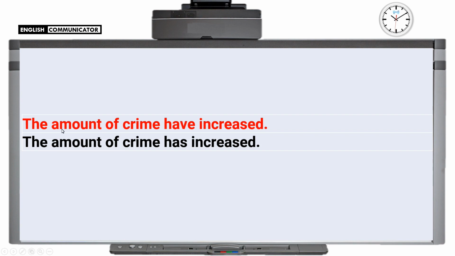The amount is actually a collective noun, and with a collective noun you can't use plural auxiliaries. So the amount of crime is one group, and a group is one, so you have to use "has increased." Yes, you understand. A collective noun is always used with single auxiliaries like "has."